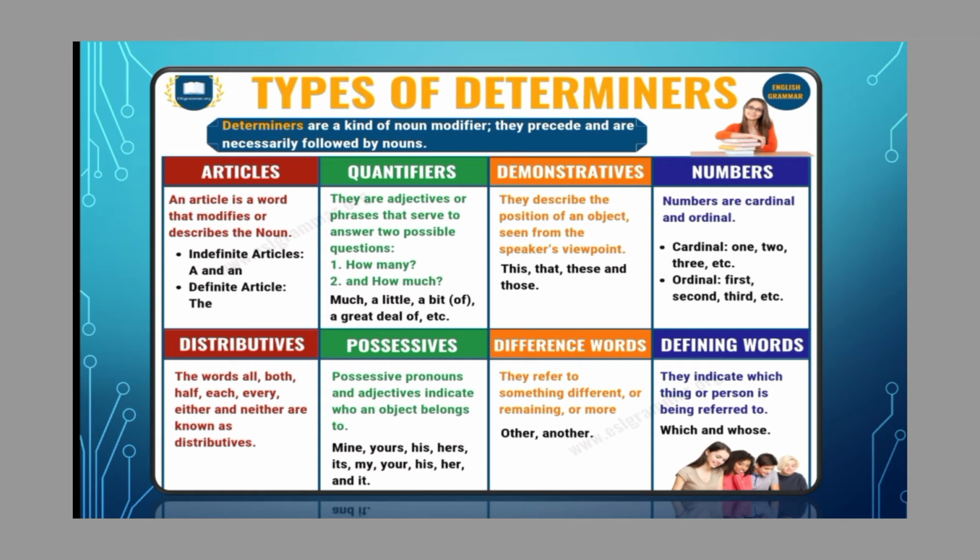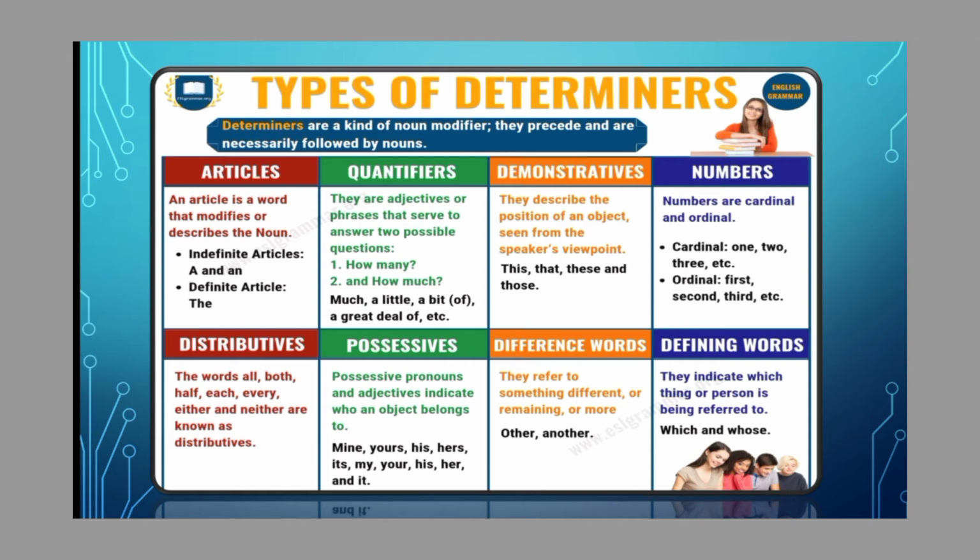A and an are indefinite articles, and we use these words to identify a singular object. And the word the acts as a definite article. It has two pronunciations, the and thee. We pronounce the in front of a consonant sound and thee in front of a vowel sound.